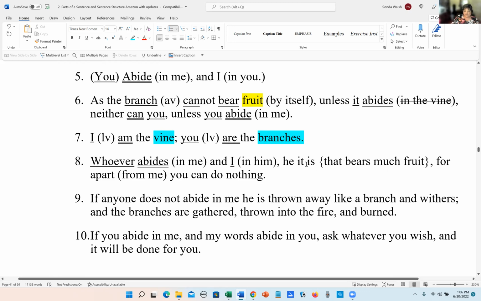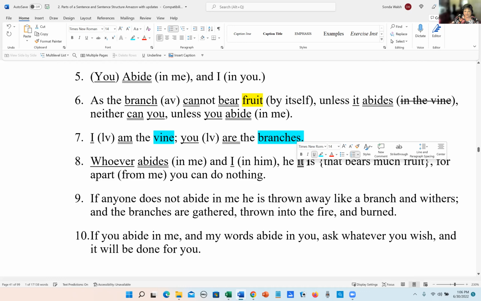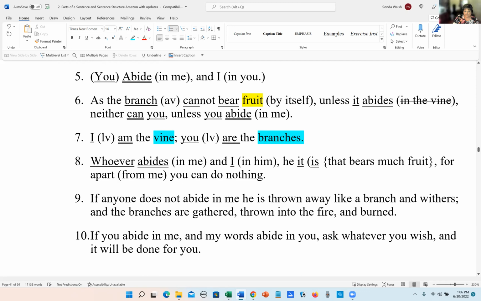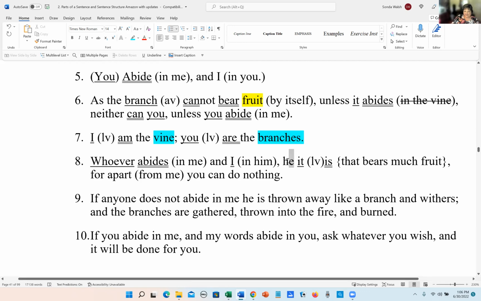Okay. So this, "it" is the subject. Is a verb. Is a linking verb. And it is "he" as a predicate nominative.